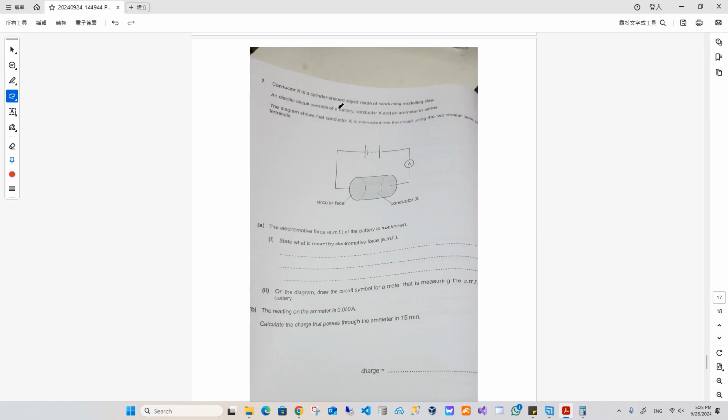The electric circuit consists of a battery, a conductor X, and an emitter in series. Two circular faces are terminals. The electromotive force, EMF, of the battery is not shown. That means how many volts here is not shown. It's an EMF.